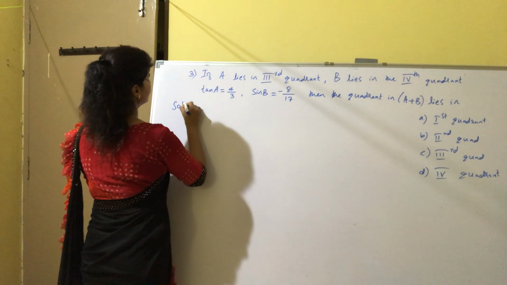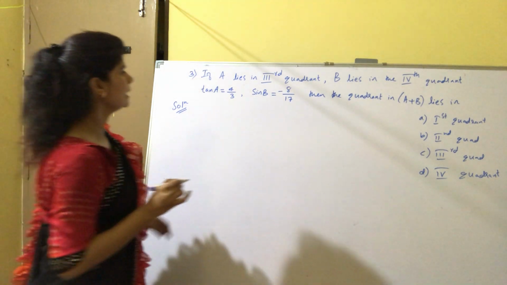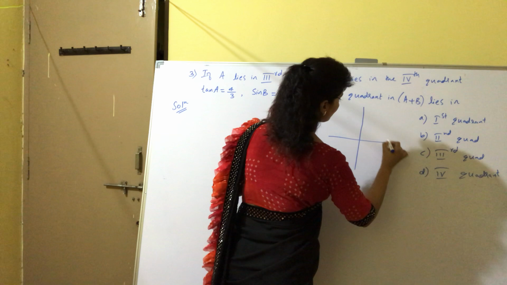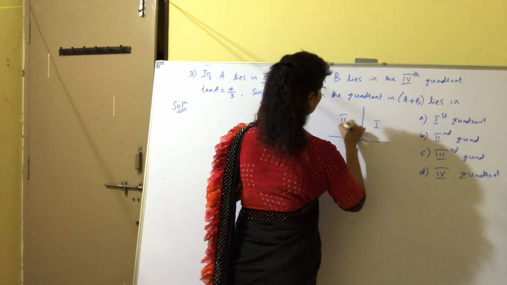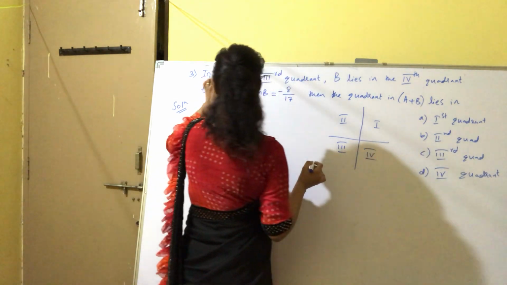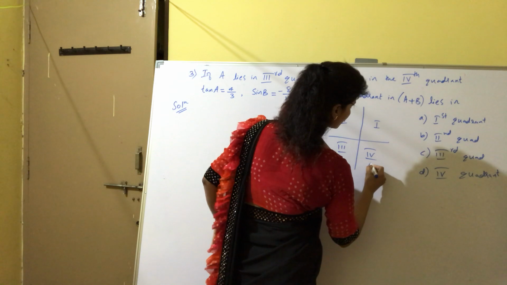So the solution is, angle A is lying in the third quadrant. This is your coordinate plane, which is divided into 4 quadrants. Angle A is in the 3rd quadrant. Angle B is in the 4th quadrant.